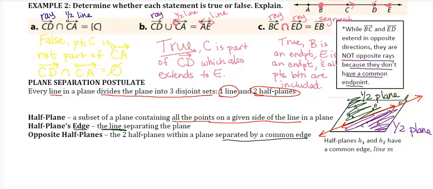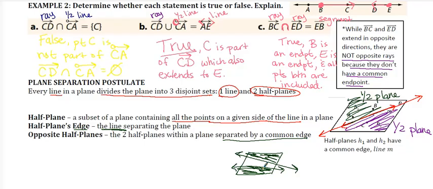This is going to become more apparent when we're looking at a plane that maybe has two lines through it. And they want to say, well, this section up here is an opposite half plane to this section here. Nope, that's not true.